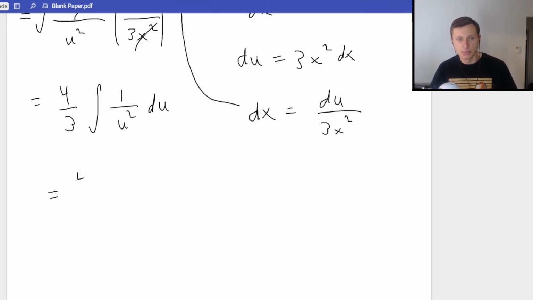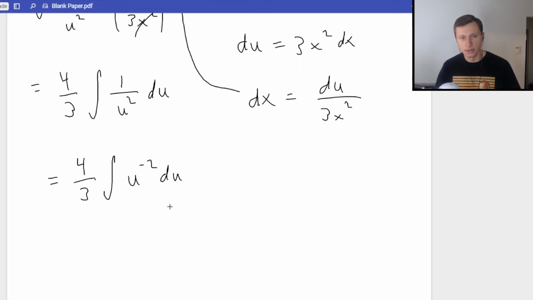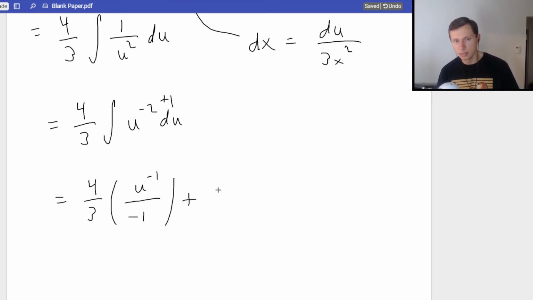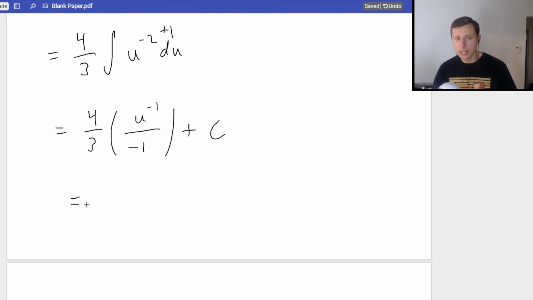Okay, so before I take this integral, I need to rewrite it as u to the negative second power du. There we go. And so then this is equal to 4/3 times the integral of u to the negative second power. Again, I need to add 1. So it's u to the negative first power divided by negative 1 plus c. Again, I can rewrite that as negative 4/3 times 1 over u plus c.